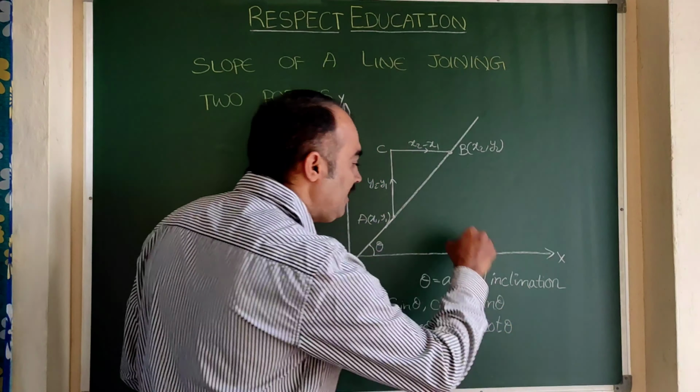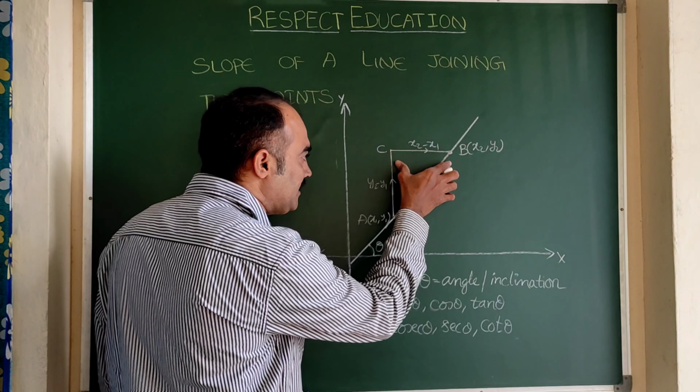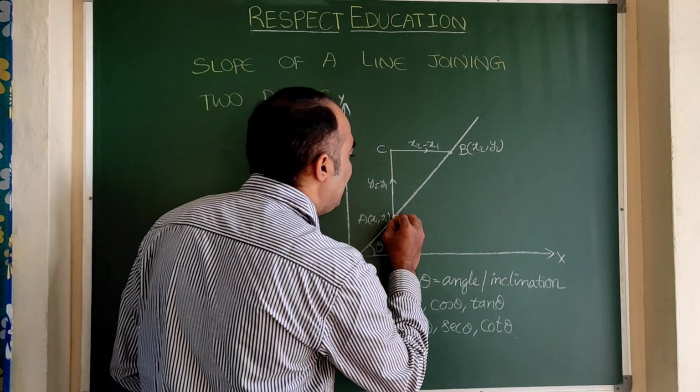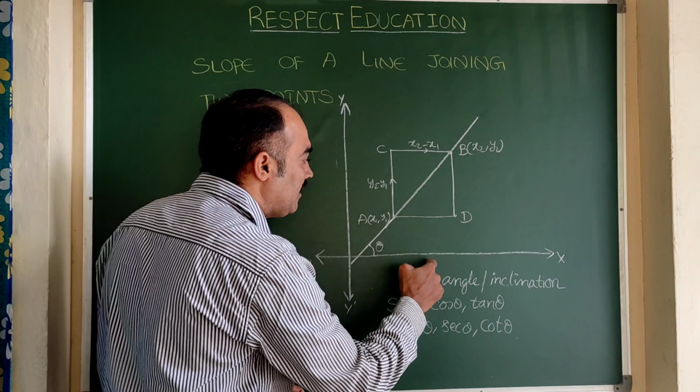Right. Now here, for our convenience, let us take the corresponding distance BC, and the corresponding distance of AC is to be drawn here. Suppose both the lines meet at D. Then these two lines are parallel.